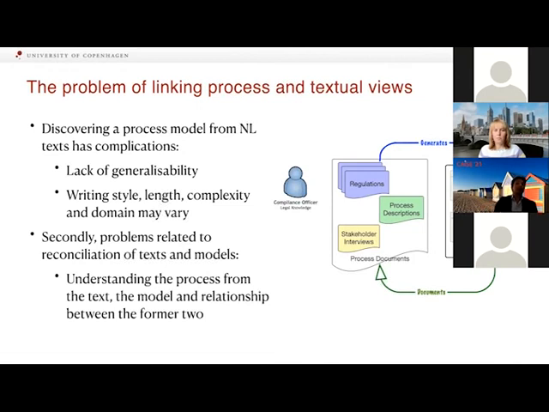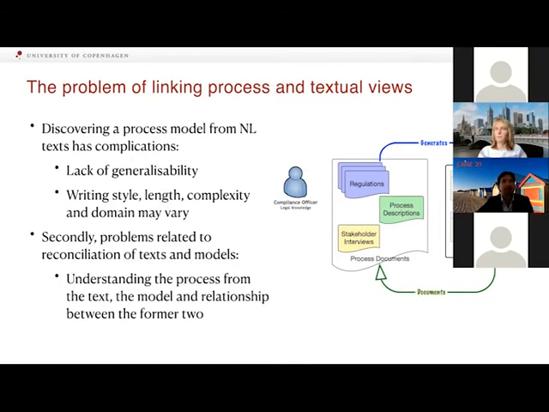We would like to build a pipeline to, first of all, discover process models from text, but also keep the link between these two artifacts at the same time. This becomes difficult. When you look at process descriptions and try to build a discovery algorithm on them, the standard techniques of process discovery don't really work, because you don't have a structured artifact like an event log.